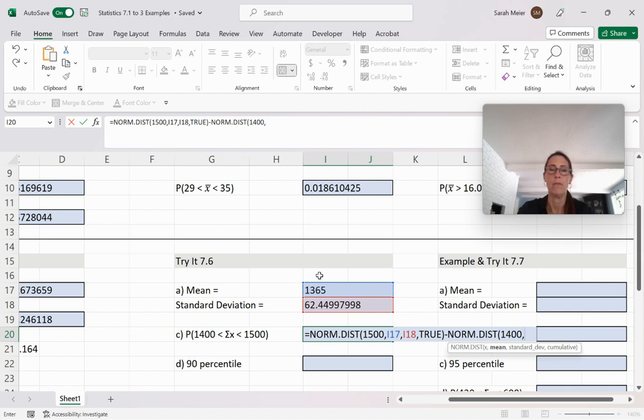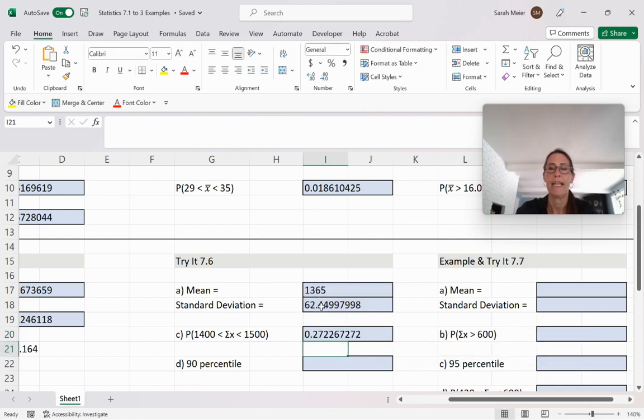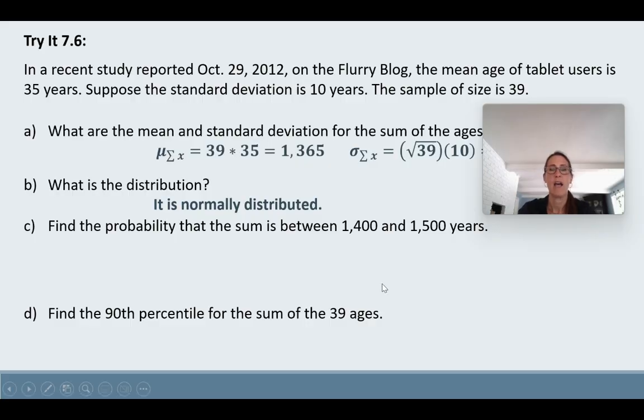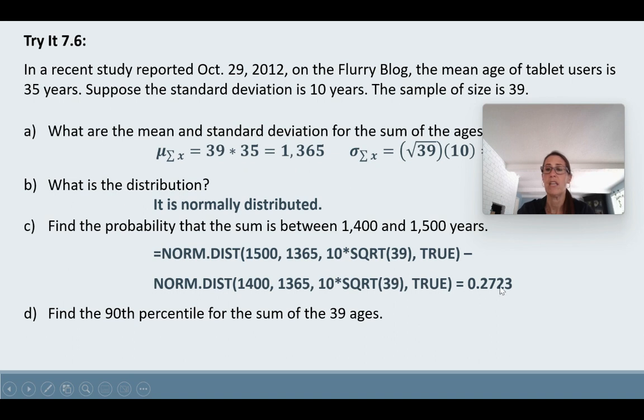That's the number from the problem. And then again, I'm going to use that same mean and that same standard deviation, and the word true. And I get 0.2723. So the probability that the sum of the ages is between 1,400 and 1,500 years is 0.2723.